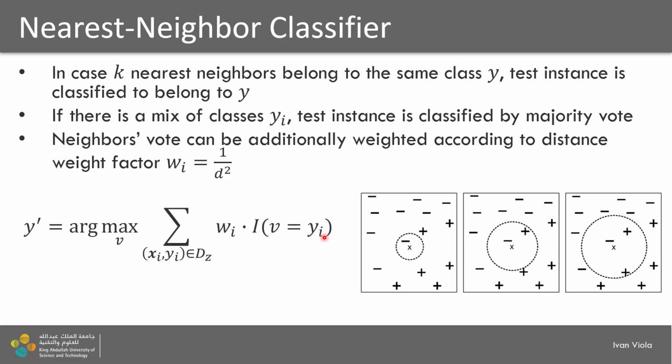This function I is basically just counting for each class how many records there are, but it is also weighted by the distance. So each count of a record is weighted by the distance. In that, the closer ones will count more than the ones which are farther away within the neighborhood.